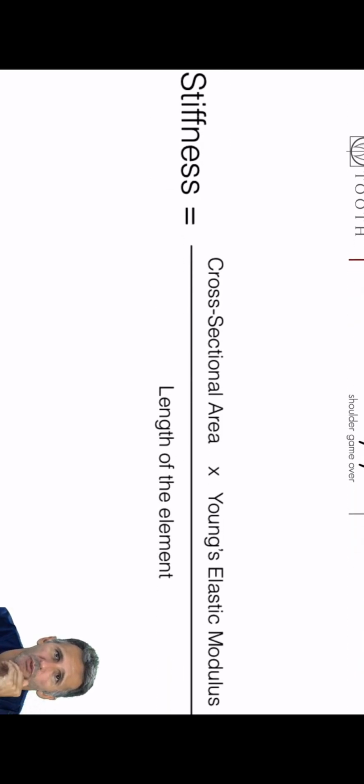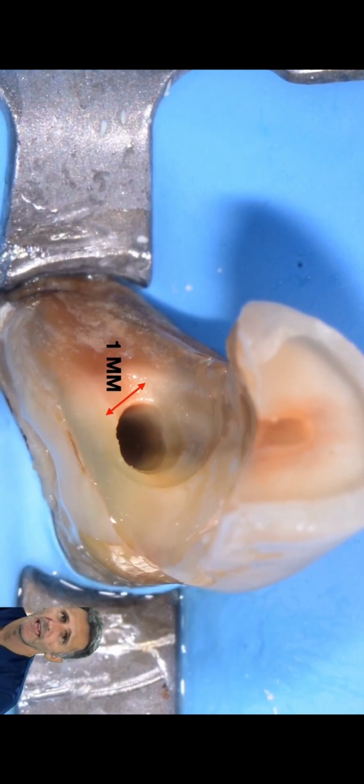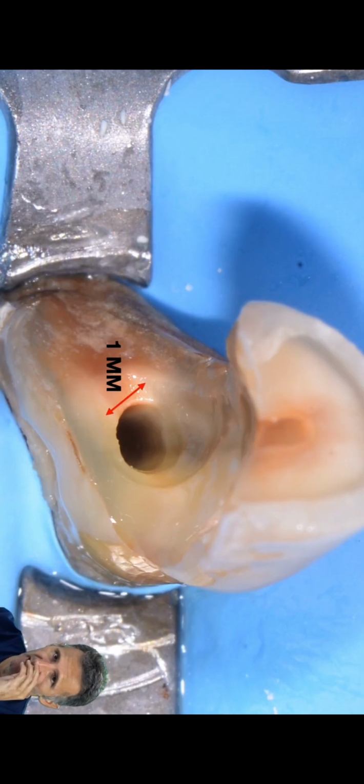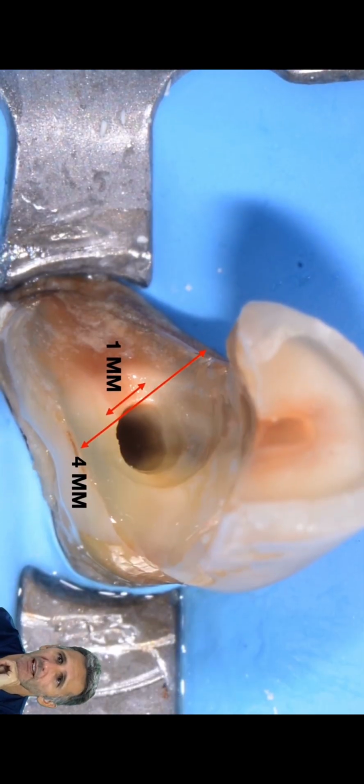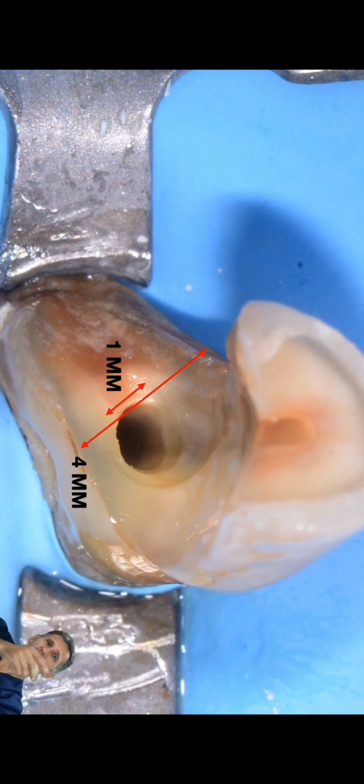So, I want to remind you this formula about stiffness, and this is very empirical. If I have 1 millimeter of space for placing this post, and like in this case, the wall thickness of dentin is 4 millimeters, there is a ratio between 1 and 4 of the space for the post and the total thickness.